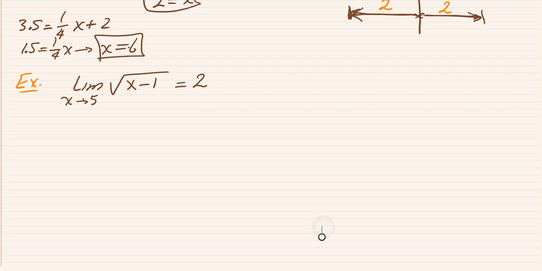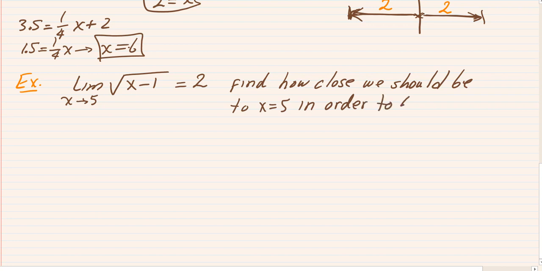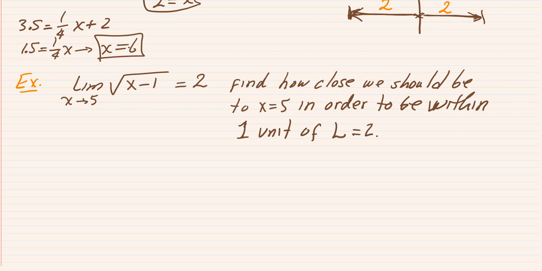So I'm just going to say find how close we should get to x equals 5 in order to be within 1 unit of L equals 2. Remember, the limit is 2 here. Okay. And then later, after this one, I begin to use symbolic notation rather than just verbiage.